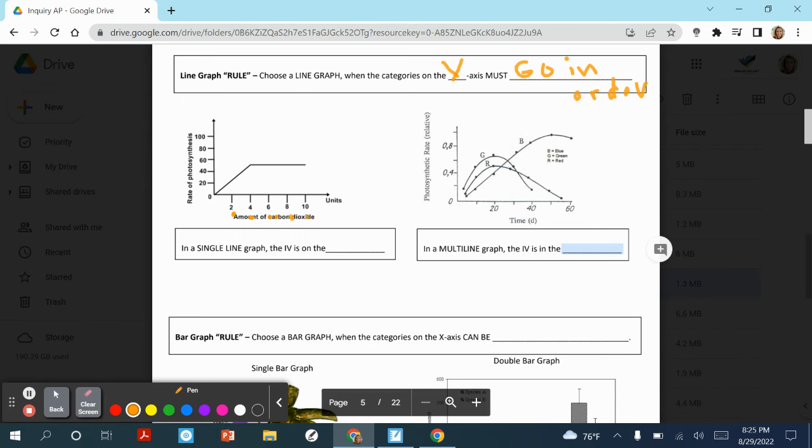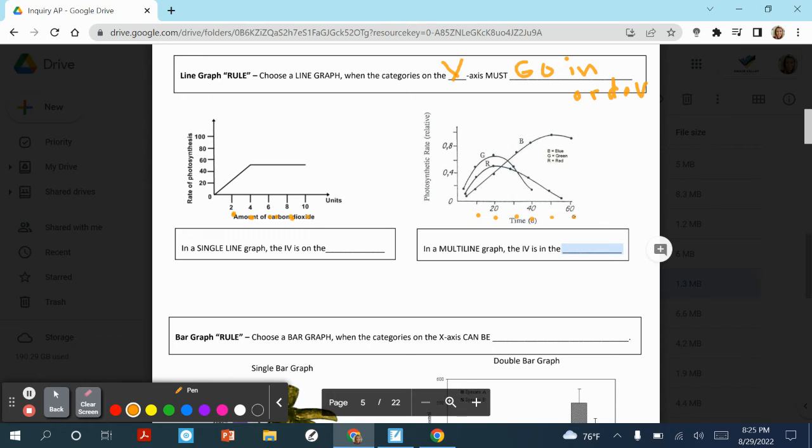Same with here. It wouldn't make any sense to label the x-axis 20 and then 10 and then 30 and then 40 and then 60 and 50. That would make no sense to rearrange what we wrote on the x-axis. So again, that's why this data was plotted as a line graph, okay?